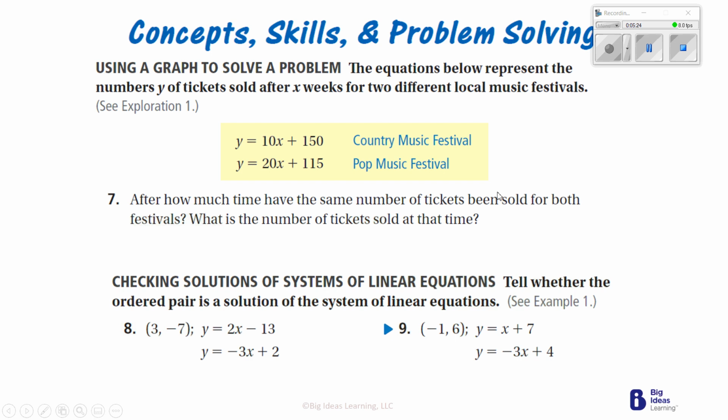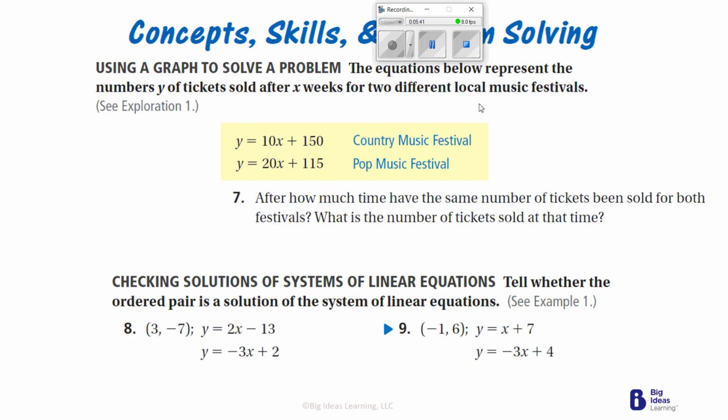Well, we see the answer is 3.5 weeks and 185 tickets. The way we're going to solve this is a little trickier than just revealing the answer. We had to alter that a little bit.